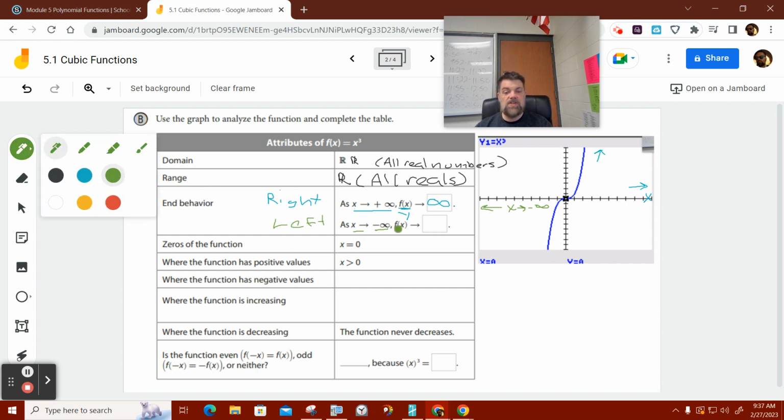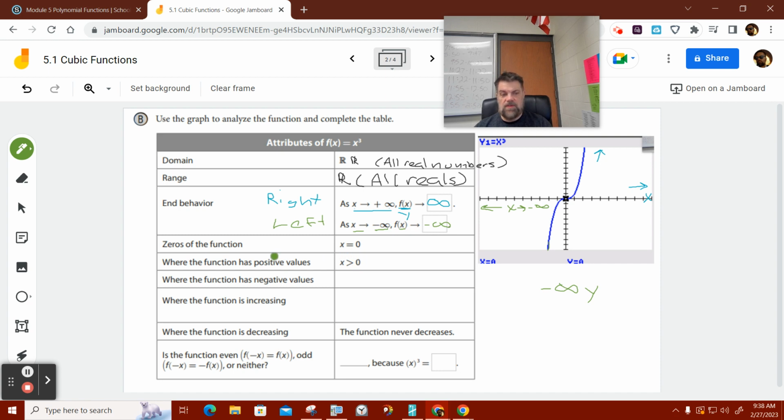But the question is, what does y do? What does f of x do? Well, as I follow the graph to the left, what is the y value doing? Yeah, everybody's pointing down. Down to where? Negative 10? Negative infinity. Remember, this is negative infinity in the y direction, right? So then we would say negative infinity. So that's the part that's hard for people.